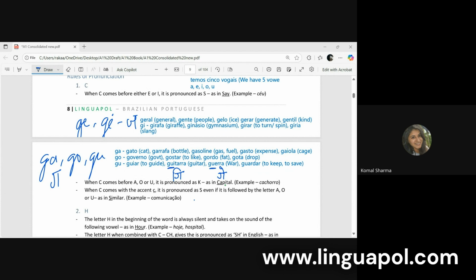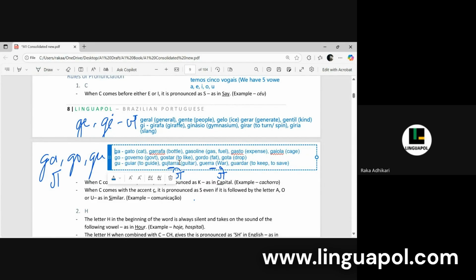Here the pronunciation you have mentioned, it's like guitarra, and the other one is guerra, right? Is it Guera or Gera? Gera. Yes. Okay. Any other words anyone would like to cross check or want me to repeat? If no questions, then we'll move on.